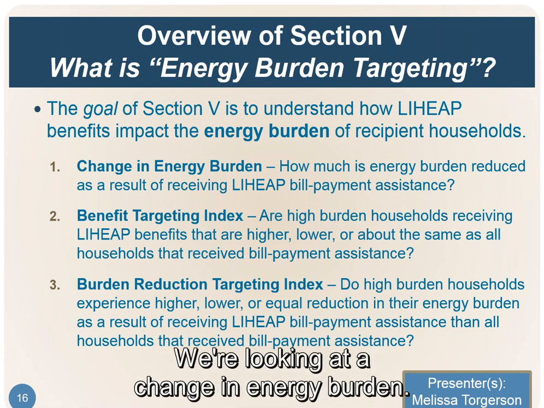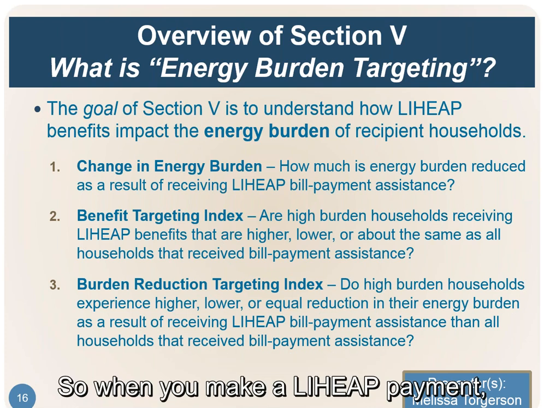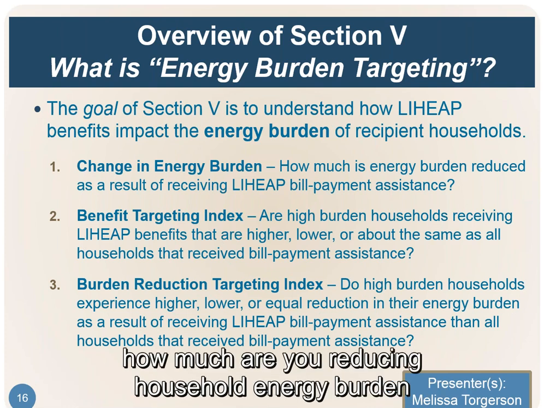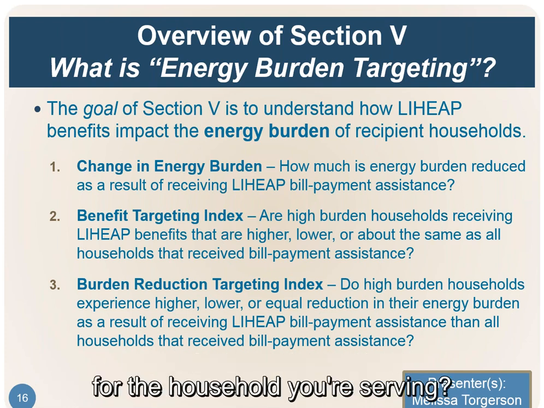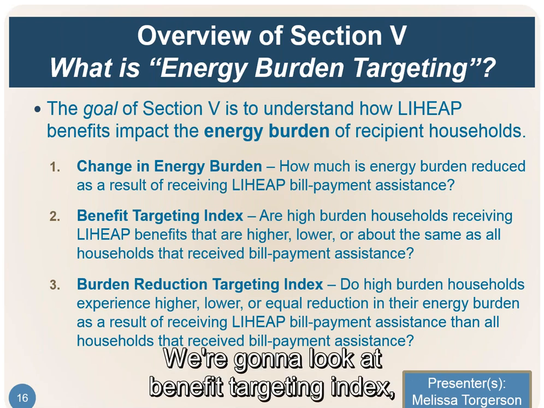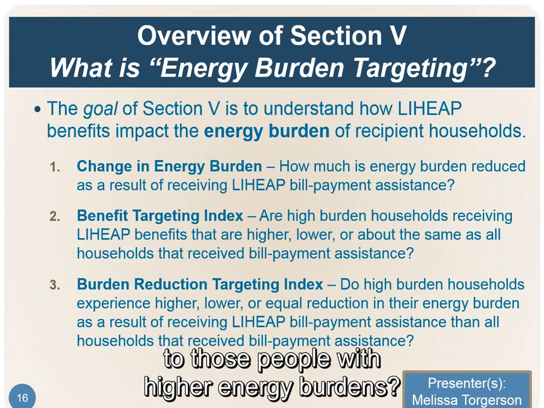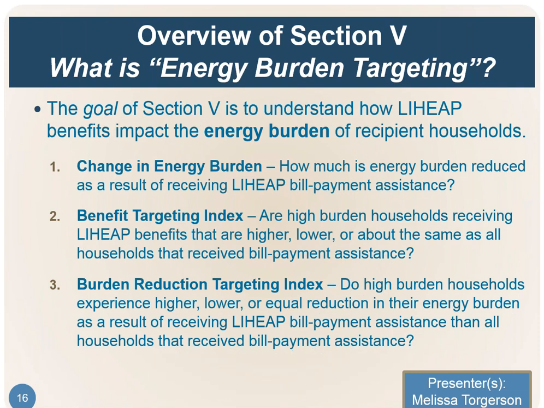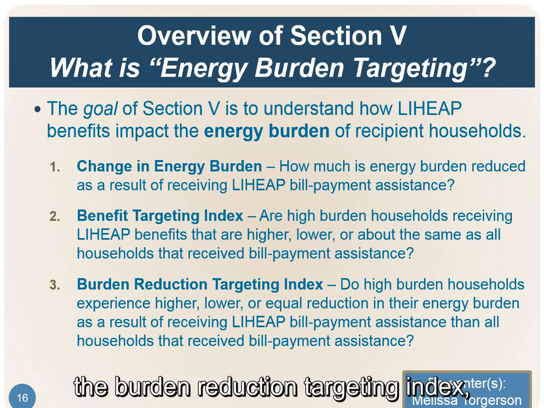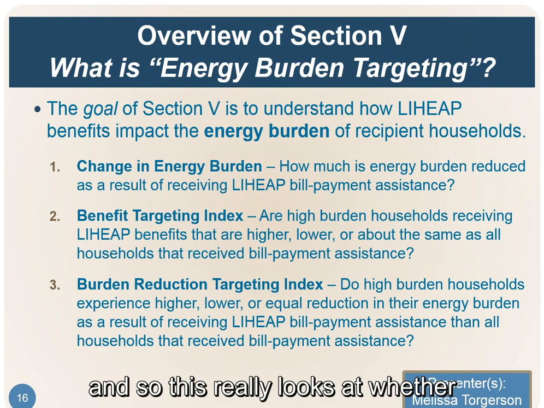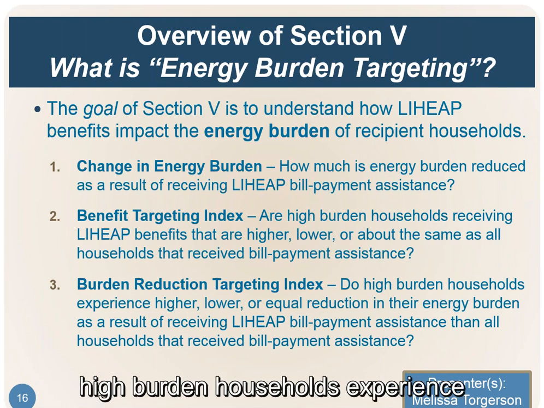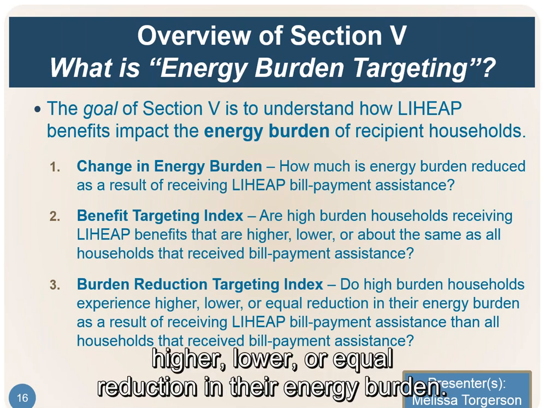We're looking at a change in energy burden: when you make a LIHEAP payment, how much are you reducing household energy burden for the household you're surveying? We're going to look at the benefit targeting index: are you giving higher benefits to those people with higher energy burdens? And then we're going to look at the burden reduction targeting index, which really looks at whether high burden households experience higher, lower, or equal reduction in their energy burden.